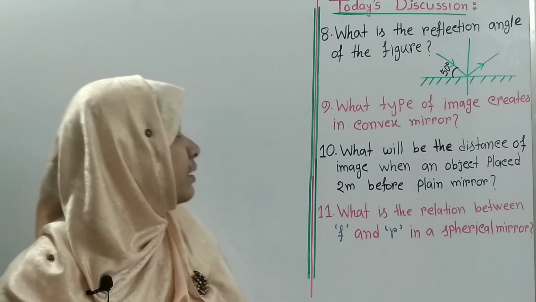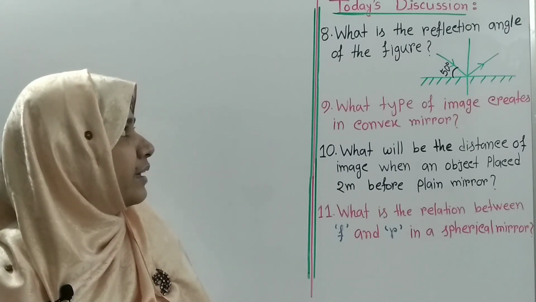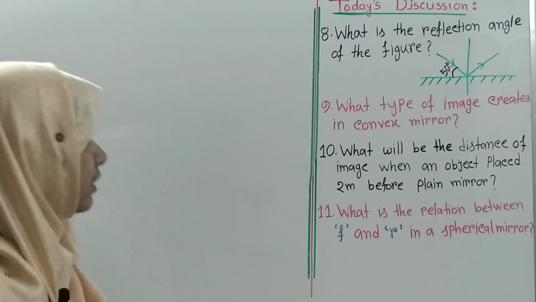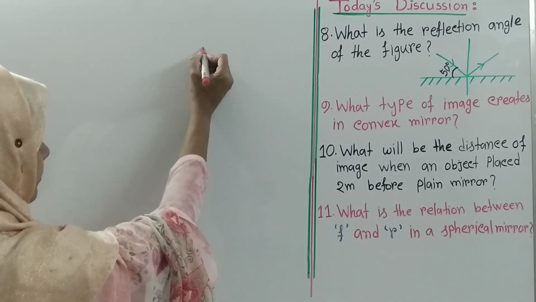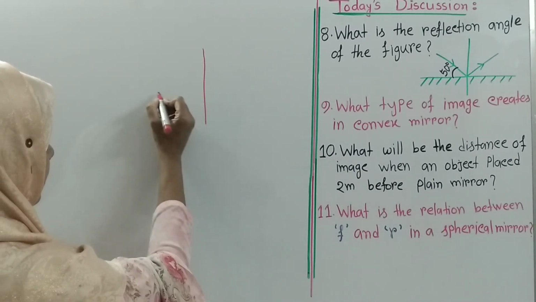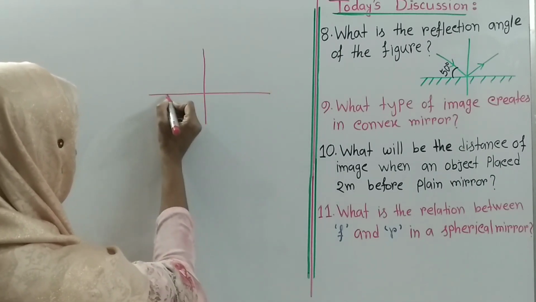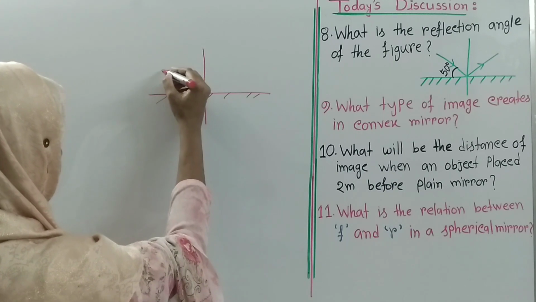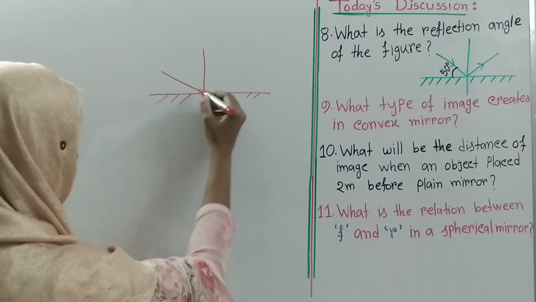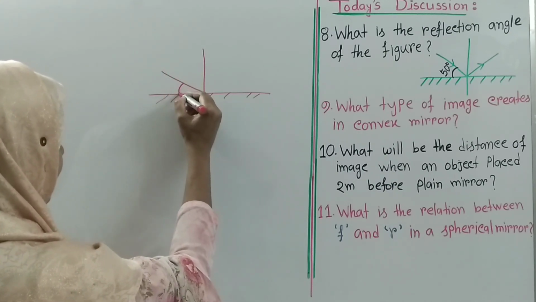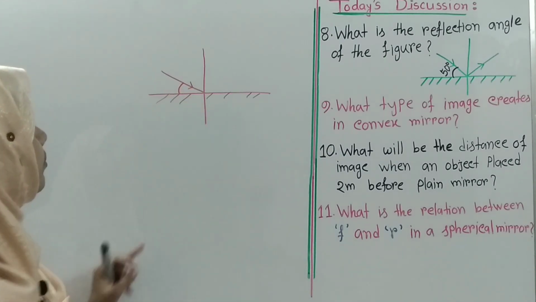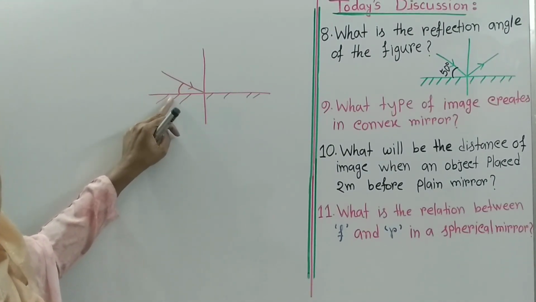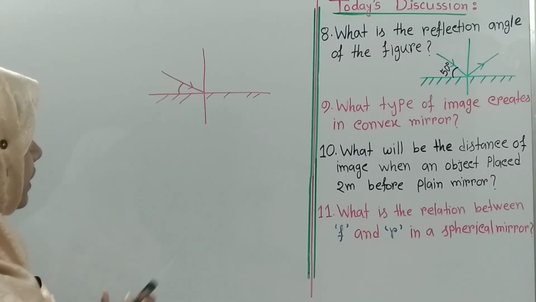And question 8. The question is, what is the reflection angle of the figure? Here you can see that in the figure they gave the angle between the incidence ray and the reflector, which is 50 degree.